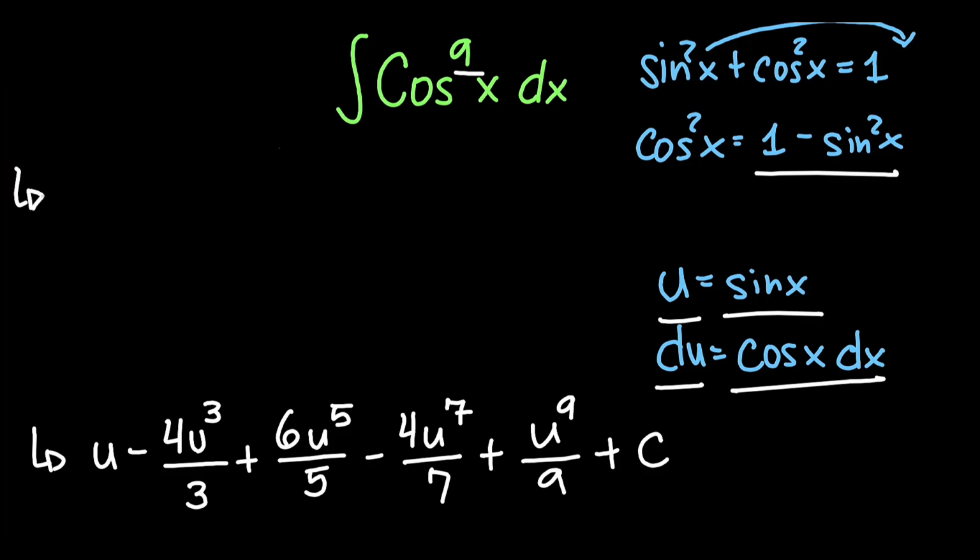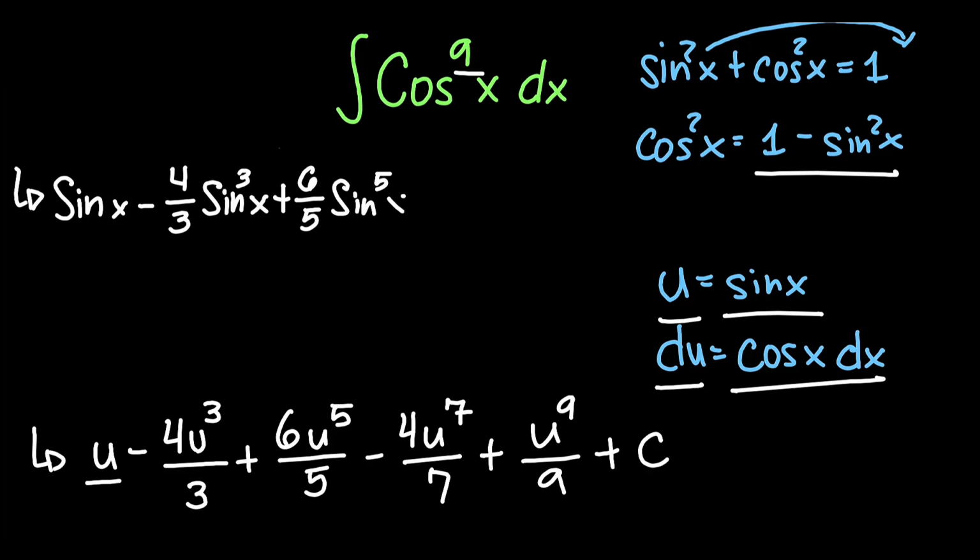So our final answer would be equal to u here, which is sine x, minus 4 over 3, multiply this by u to the power of 3, which is sine cubed of x, plus 6 over 5 sine to the power of 5 of x, minus 4 over 7 sine to the power of 7 of x, plus 1 over 9 multiplied by sine to the power 9 of x, plus the constant of integration.